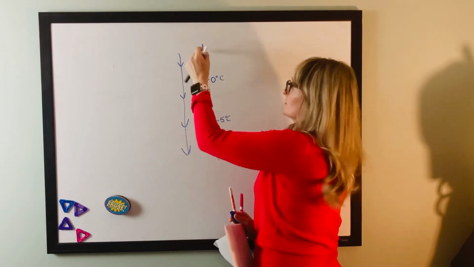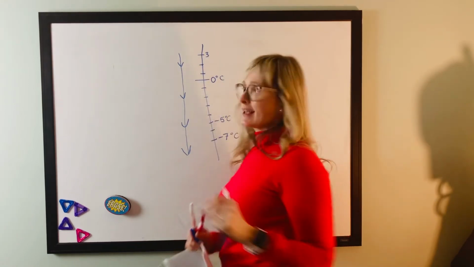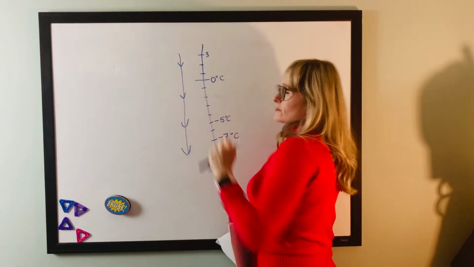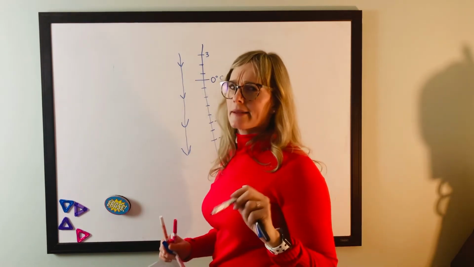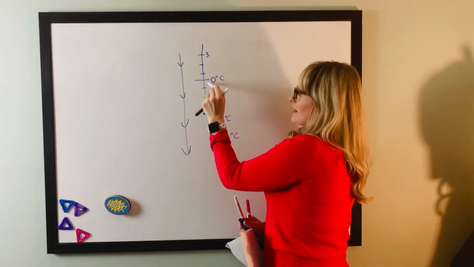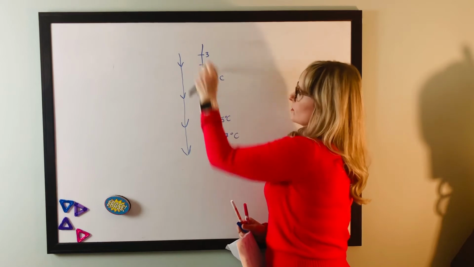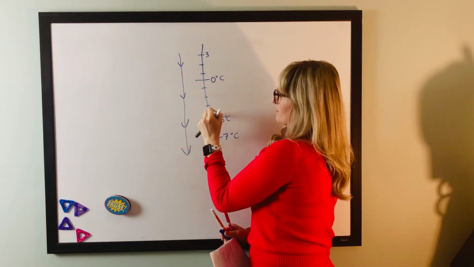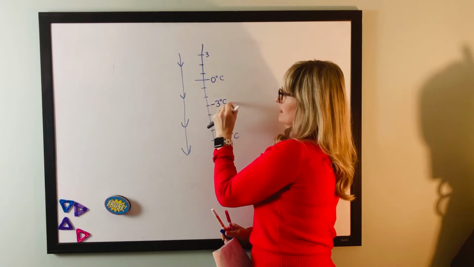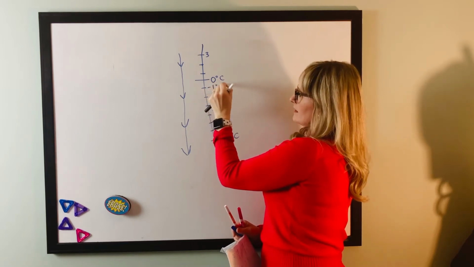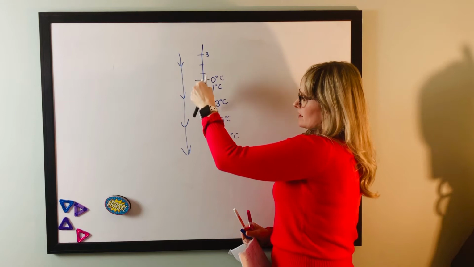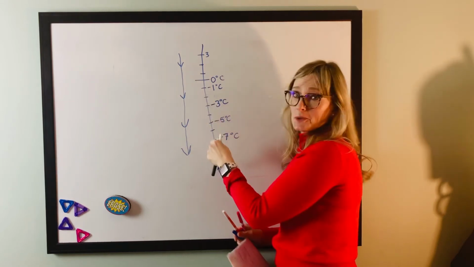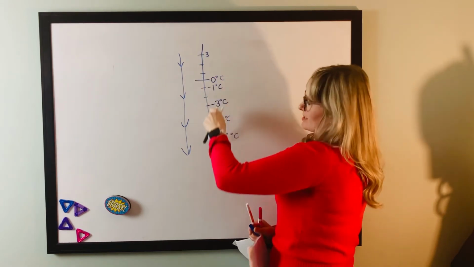You know if you have 3 candies and your brother eats all 3 and you have 0, you have a lot less than you had before. But what happens when we get into the negative numbers? Well, just keep going in the same direction: -1, -3, -5, all of these. As you go down, you get smaller, or colder in this case, but the numbers get smaller.